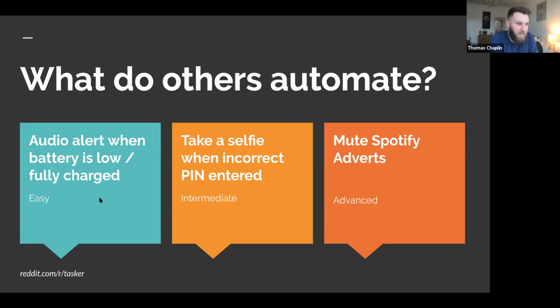I actually used to have this running on my device at my old company, but it would get really annoying, and every time my phone was fully charged, my phone would speak in a robotic voice saying, your phone has fully charged, please unplug it.